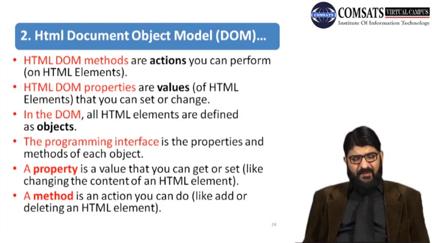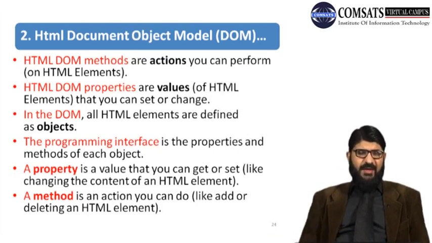A property is basically a value that you can get or you can set, like changing the content of the HTML element. A method is basically the action you want to perform. Either you want to add an action or you want to delete some method on an HTML element. So these are basically HTML DOM methods and properties and objects and property and programming interface.